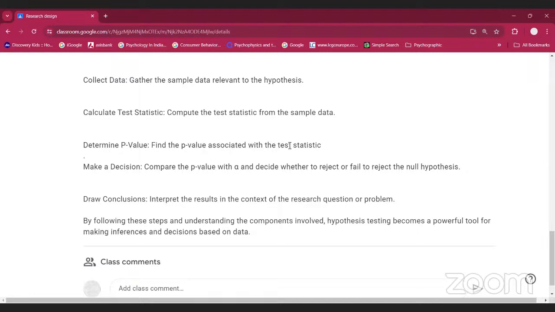Then after selection, we randomly divide them into two groups, one control group and one experimental group. To the experimental group we give the medicine for some time, and to the control group we do not give any medication. After a few weeks, we use the same standardized tool for depression measurement and collect the data.